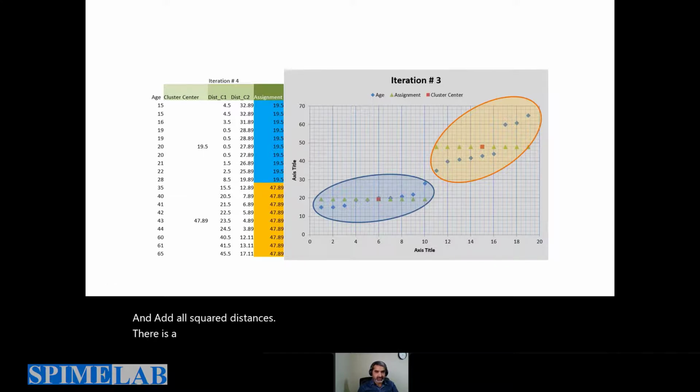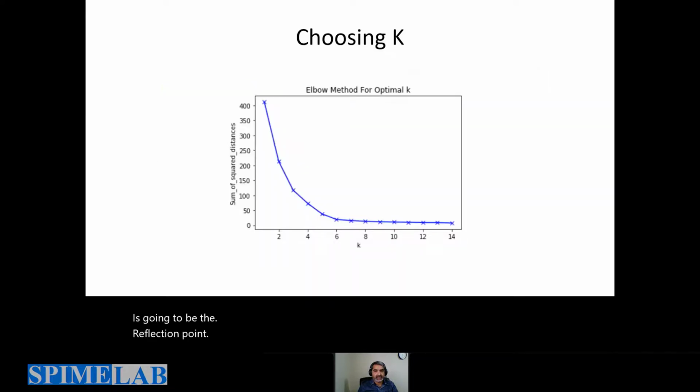For all k's, the sum of squared distances for all the data points from their corresponding centroids is going to be the reflection point on this elbow diagram.